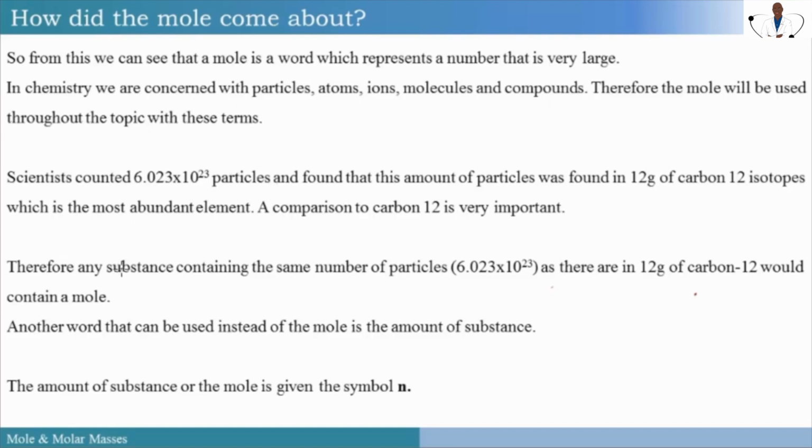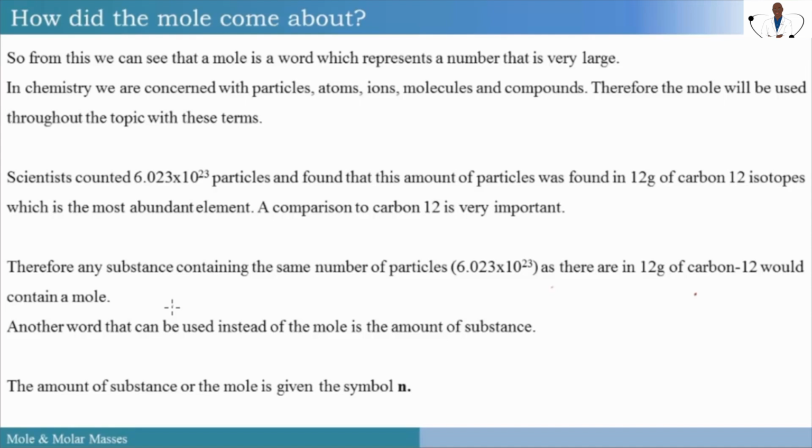So we're saying then that any substance containing the same number of particles as there are in 12 grams of carbon-12 would contain a mole. And so comparing all other elements to carbon-12, we use that comparison to find the amount of moles in other elements. If the particles contain 6.023 times 10 to the 23rd, then 1 mole of substance is present.